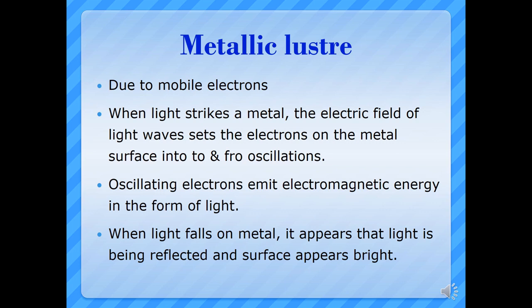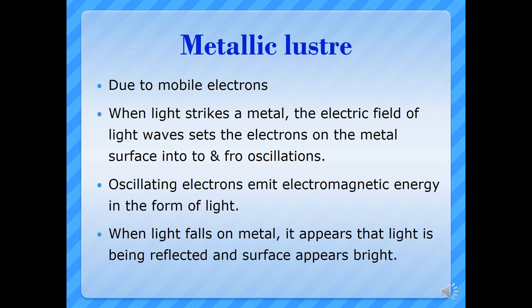We know that light is an electromagnetic wave, and this electromagnetic wave has both electric field and magnetic field associated with it. So when light falls upon a metal, the electric field of this electromagnetic radiation sets the electrons on the metal surface into vibrations, or I can say to and fro oscillations.